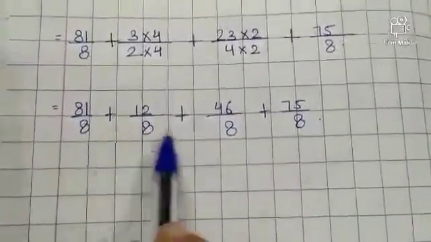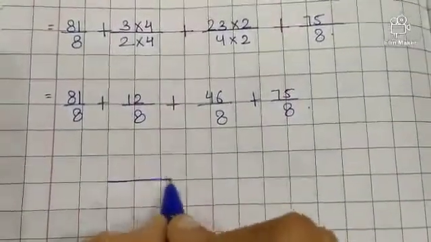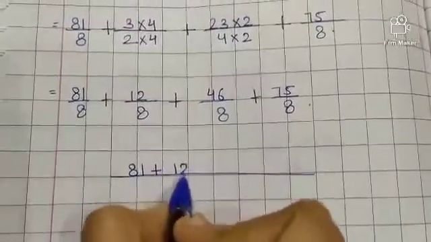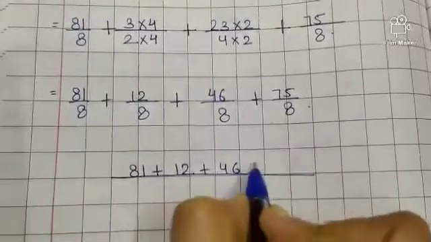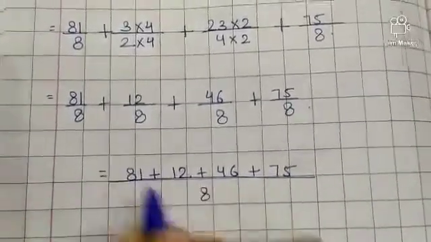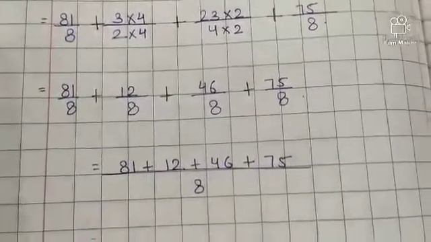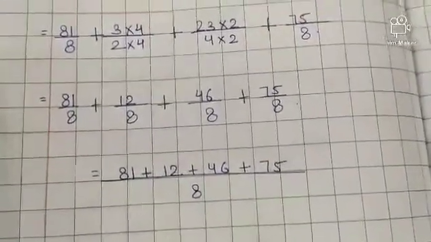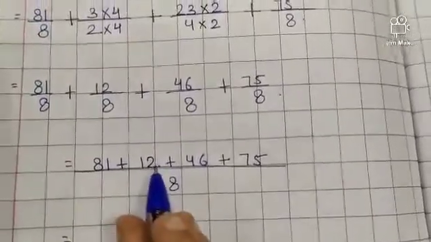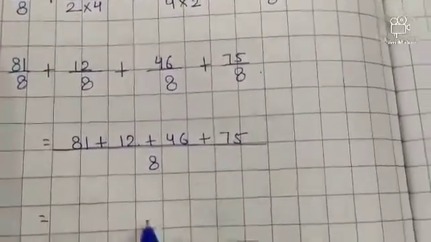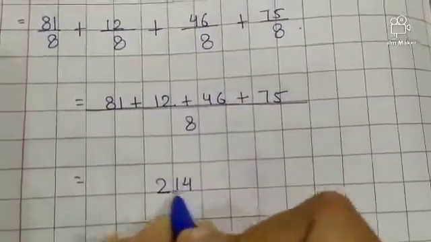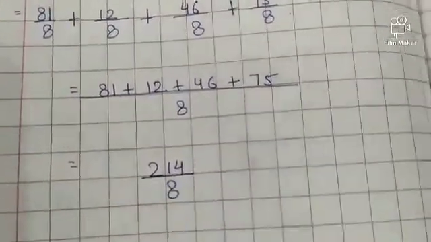Now denominators are same, so simply add all the numerators. 81 plus 12 plus 46 plus 75 upon 8. Now add all the numbers. 81 plus 12 plus 46 plus 75 is equal to 214 upon 8.